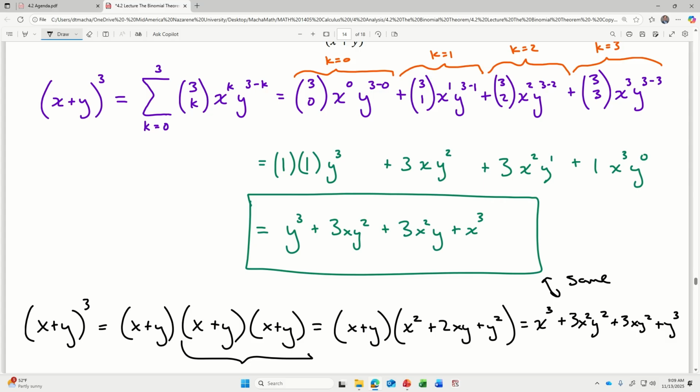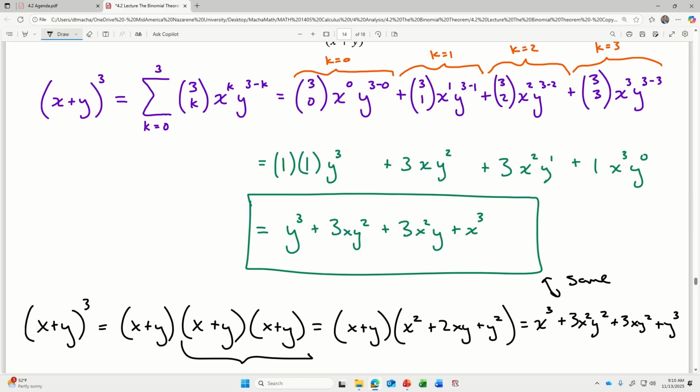I'm going to choose 0 x's, and instead I'm going to choose all y's. Boom, boom, boom. When I choose 3 y's, I get the y cubed. And whenever I have 3 choose 1, I'm talking about how many different ways could I choose one of these x's. Well, I could choose this x, and this y, and this y.